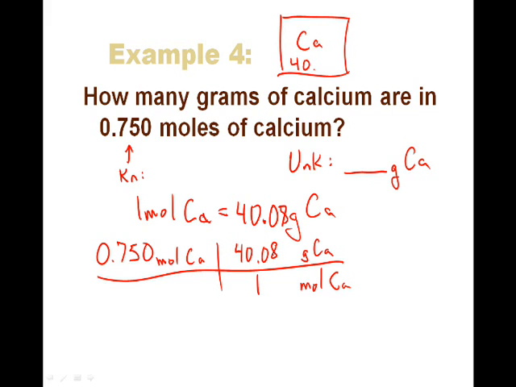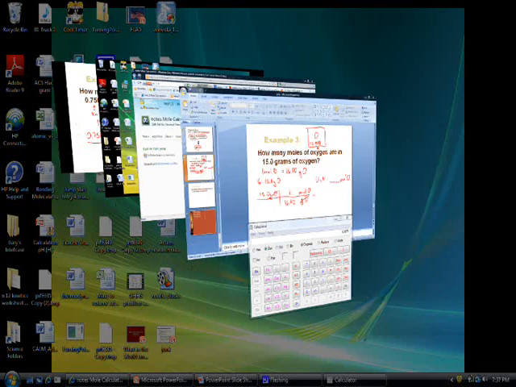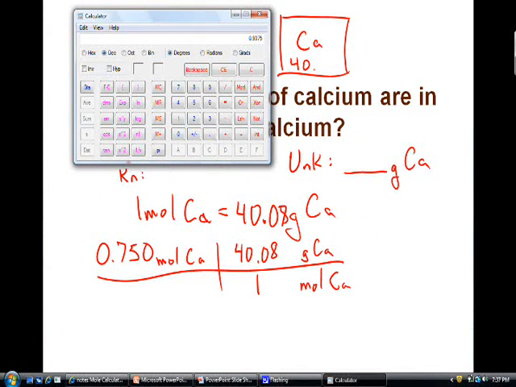40.08 grams. Now, let's see if I closed my calculator. No, I didn't. There it is. This is a good thing. So, it looks like we are simply multiplying here again. 0.750 times 40.08.